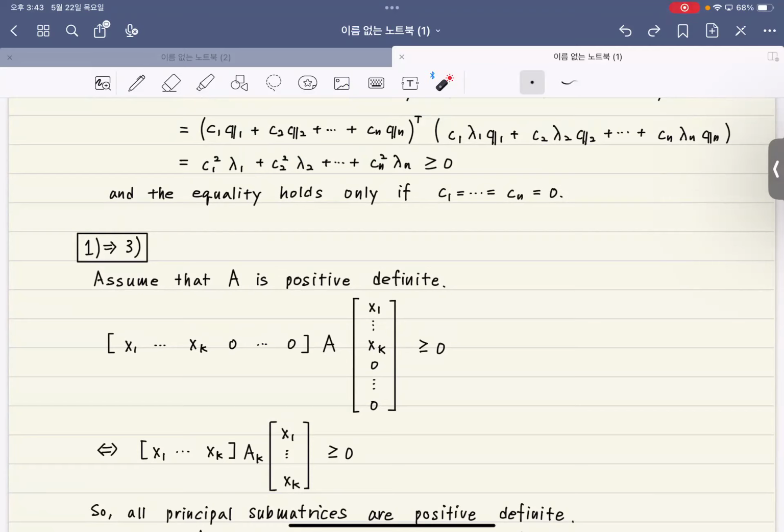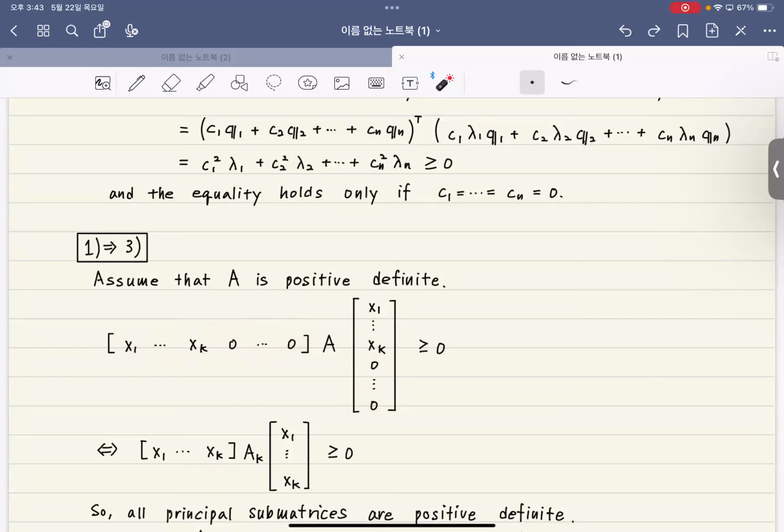But instead of plugging in any random vector in these two positions, I decided to use this very special vector. What makes this vector so special? The entries of this vector are possibly non-zero numbers from x1 to xk, but after the k-th entry, all the other entries equal 0. So I plugged in this vector in here and there.